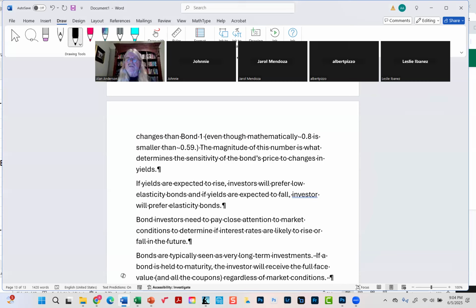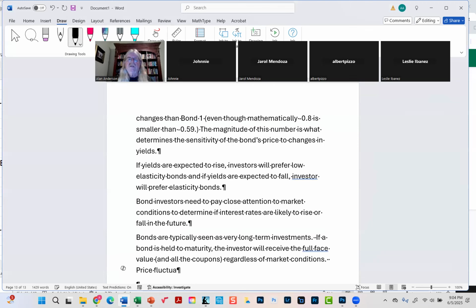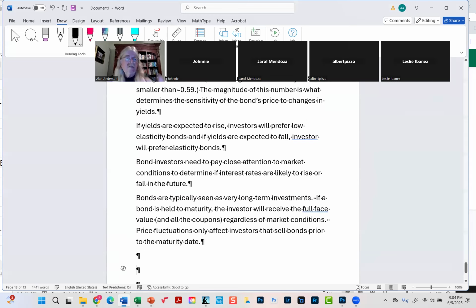It's when we have to sell the bonds prior to the maturity date that fluctuations matter. Fluctuations only affect investors that sell bonds prior to the maturity date. So the long-term investors, you almost can ignore this stuff. I mean, if you bought a 30-year bond and you're expecting to retire in 30 years, unless there's a default, you're all set.